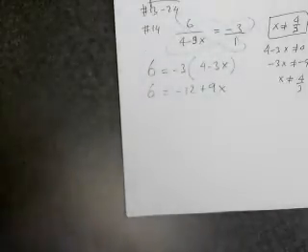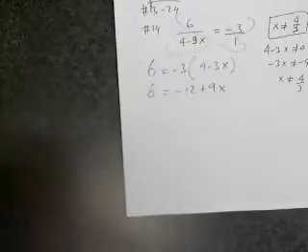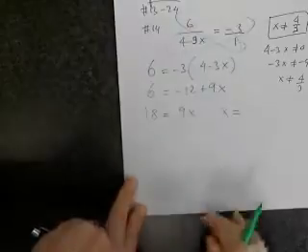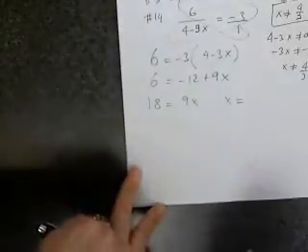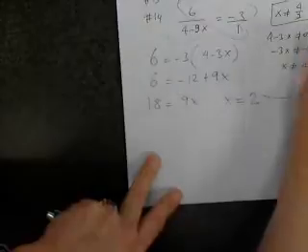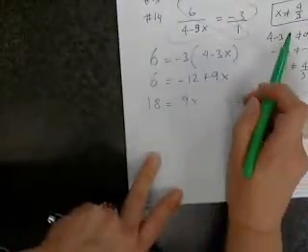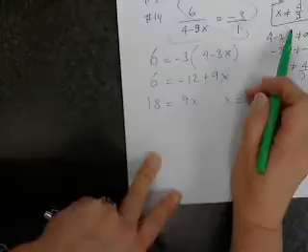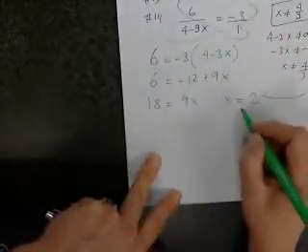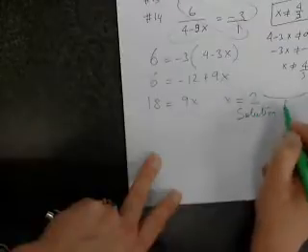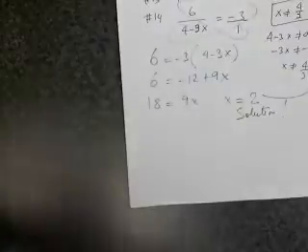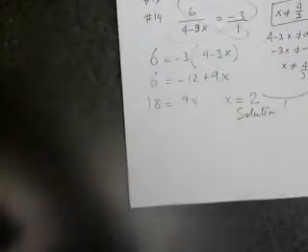What now? Very good. So I have 18 equals 9x. Therefore, x equals 2. Is this on the list of restrictions? So, solution. So this is how proportions work.